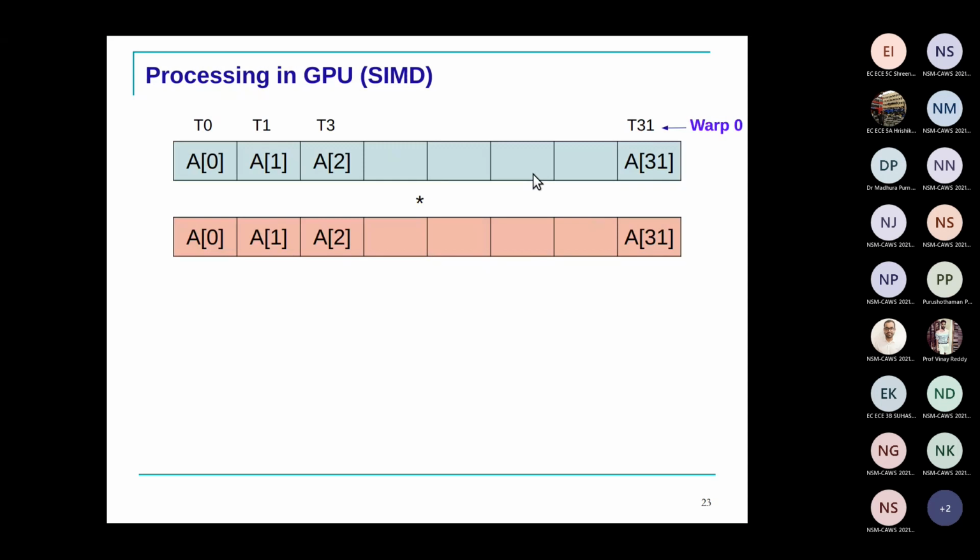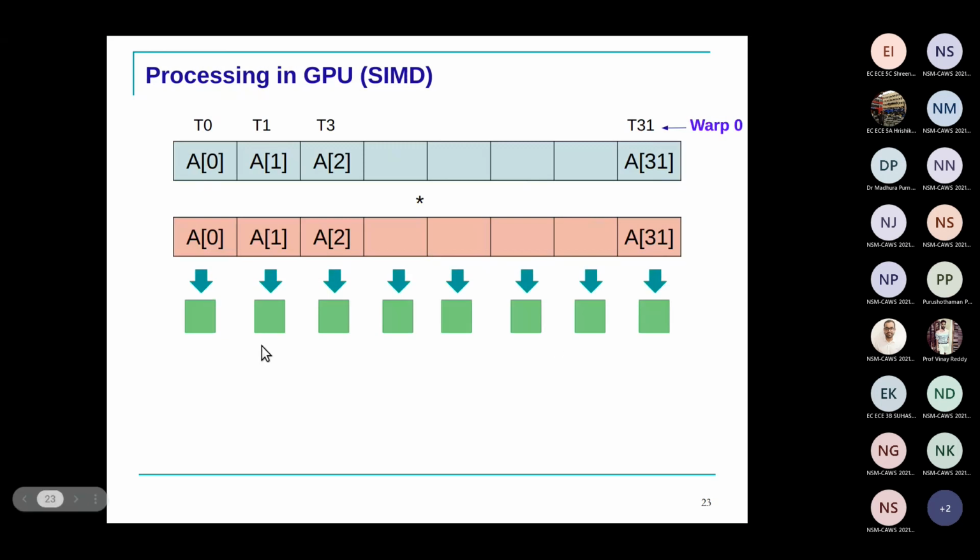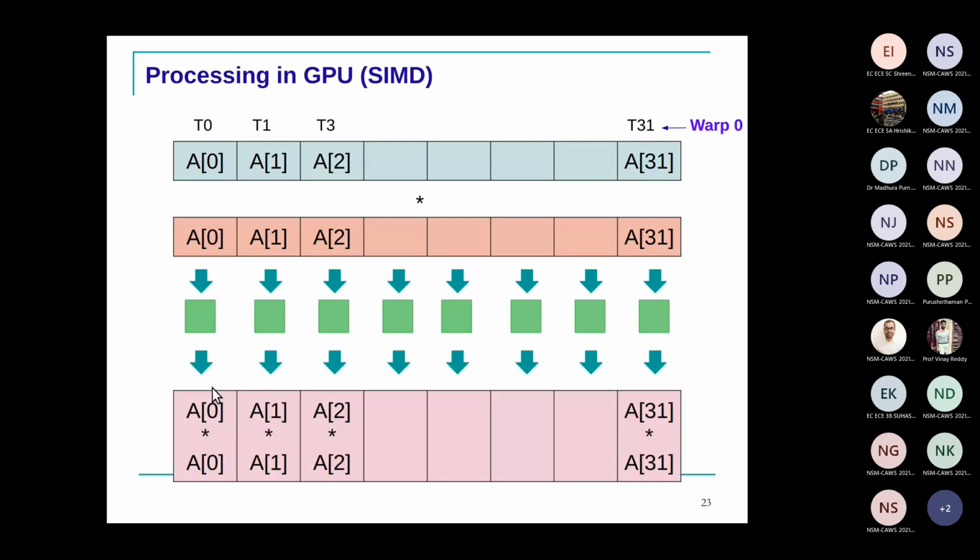Now you have several thousands of processing cores. The computations are mapped onto 32 processing cores, and each thread gets mapped onto one processing core and does the multiplication in parallel, all at the same time. You get the operation done in one unit of time, depending on how long the multiplication takes.